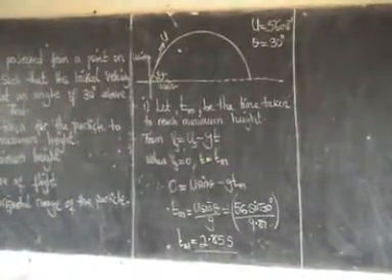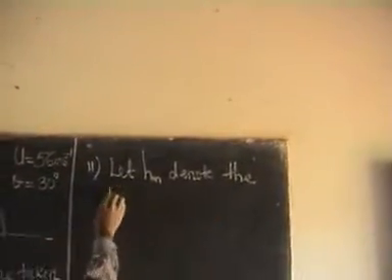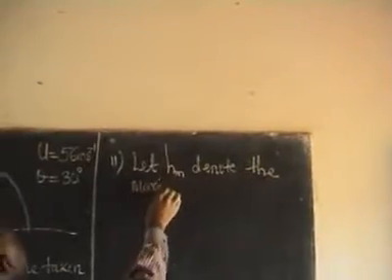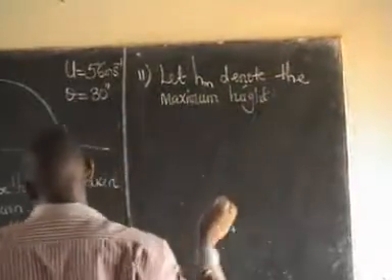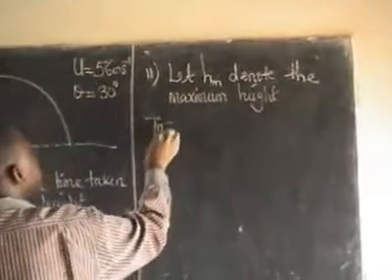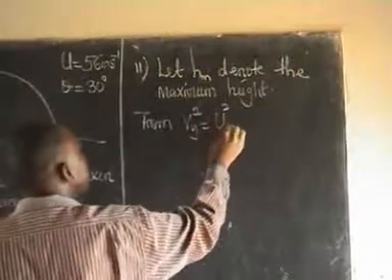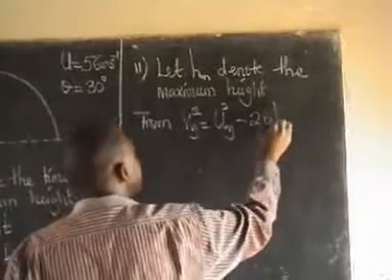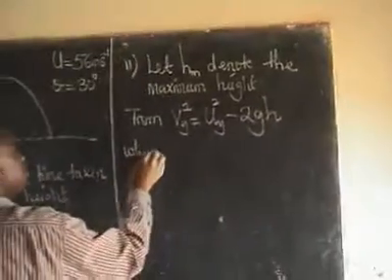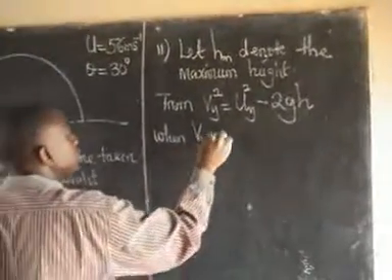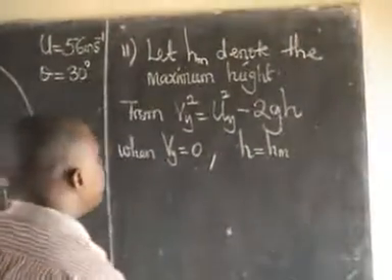Roman 2, the maximum height. From V squared equals U squared minus 2GH, when Vy is equal to 0, then H is going to be our Hm.